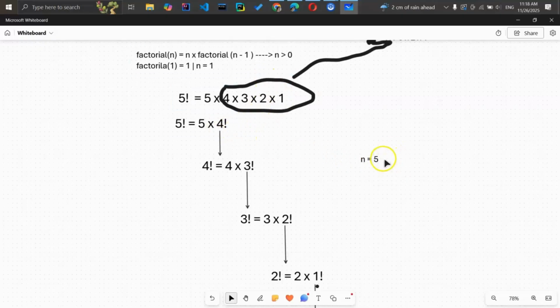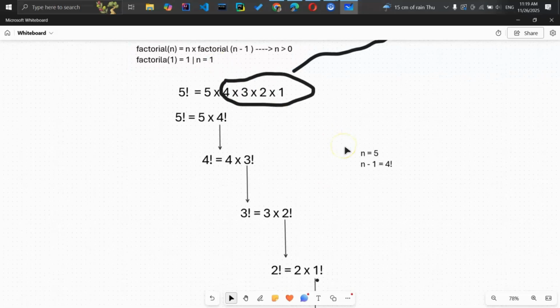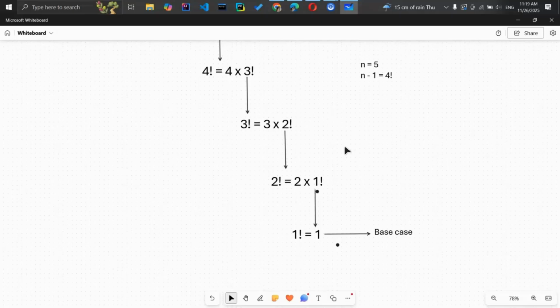I think you can understand these things, right? So n minus 1 equals factorial 4, right? Now you can understand the equation and process, right? At the base case, we should stop this process, right?